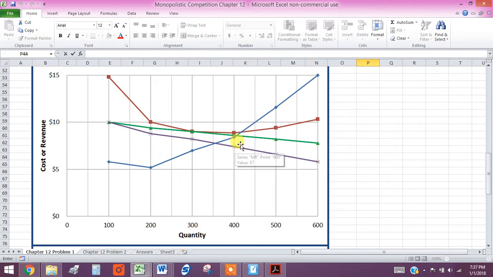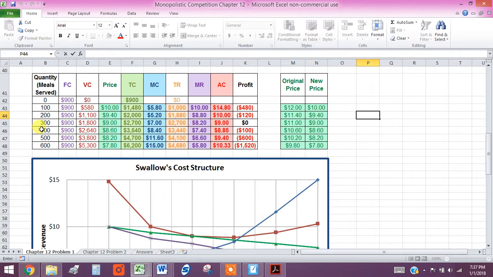The purple is way below the blue. We want to go where marginal revenue is above marginal cost, so we drop back to 300 right here. So we're going to produce it at 300 at a price of $9.